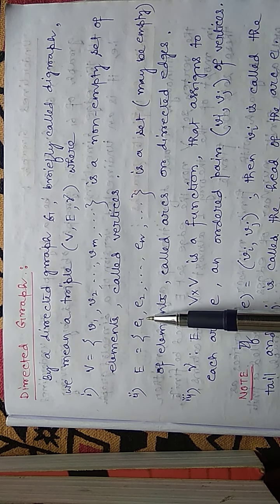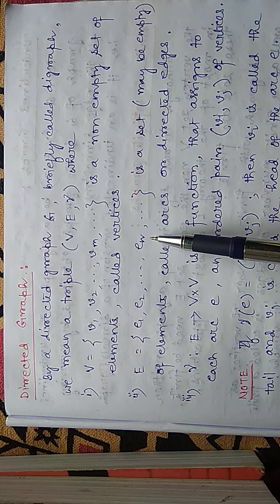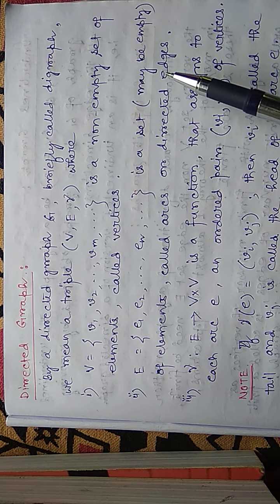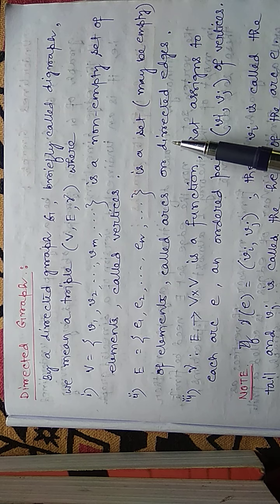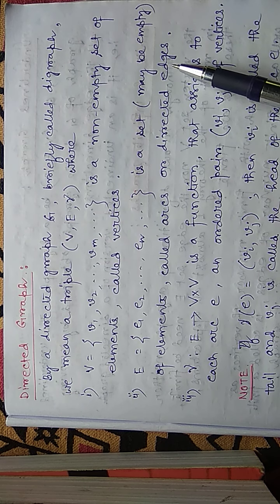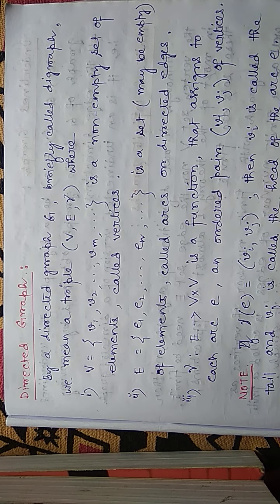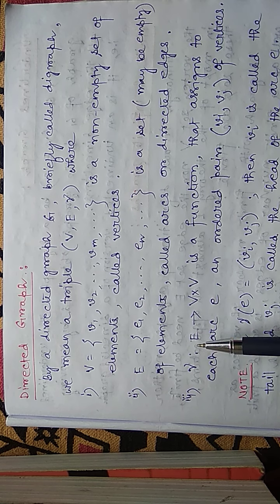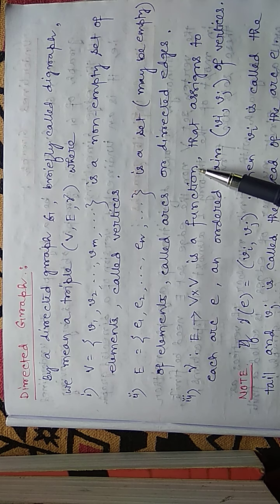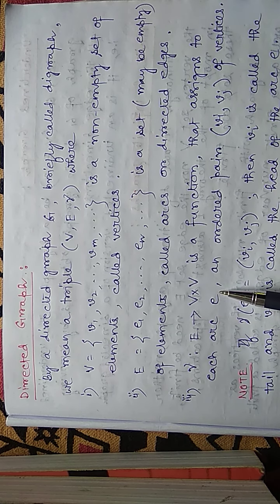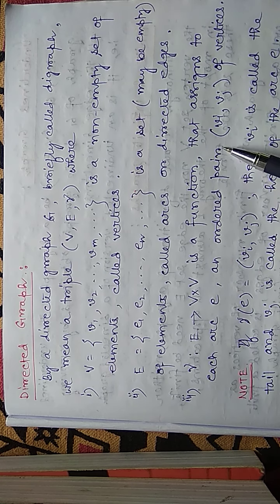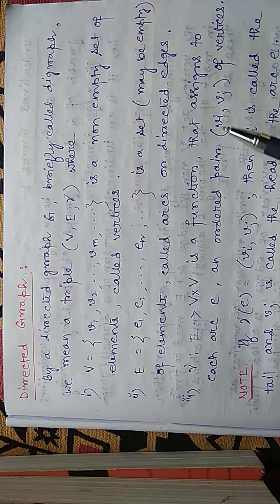Previously, the elements E1, E2, En were called edges, but in this definition they are called directed edges or arcs. And as usual, gamma: E to V cross V is a function that assigns to each arc E an ordered pair. Here it must be an ordered pair Vi Vj.